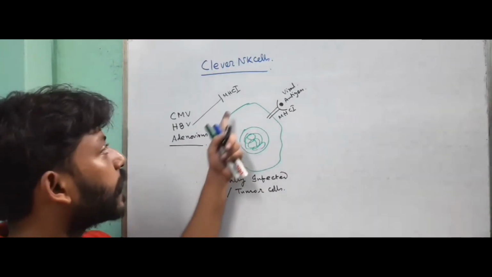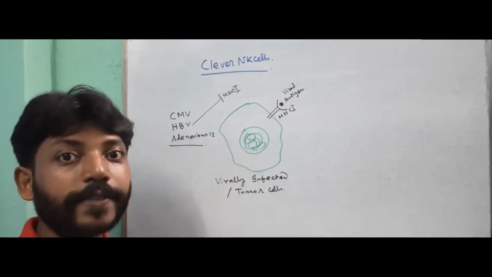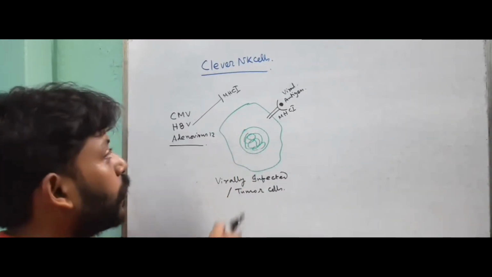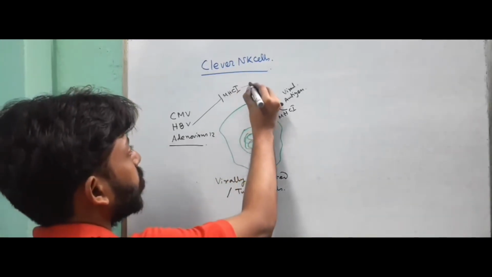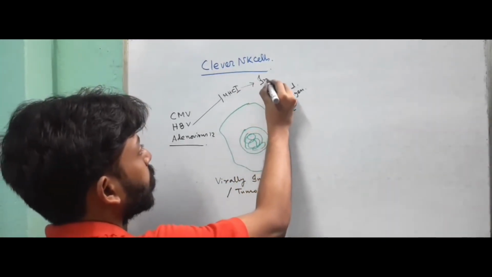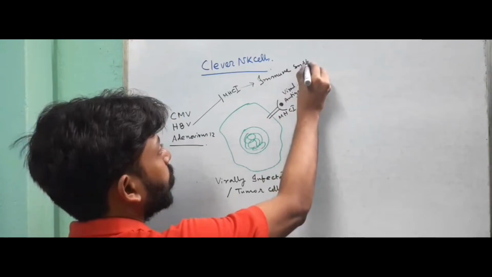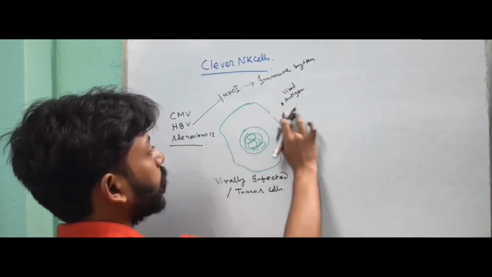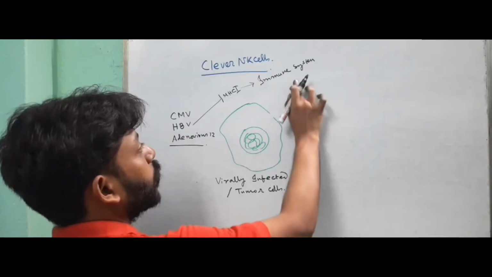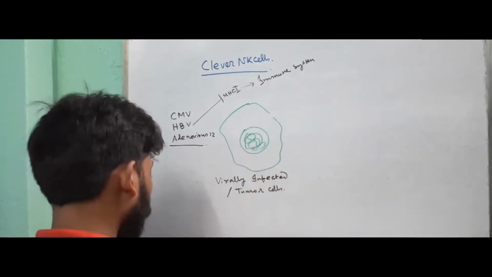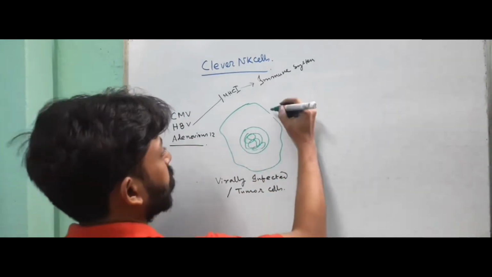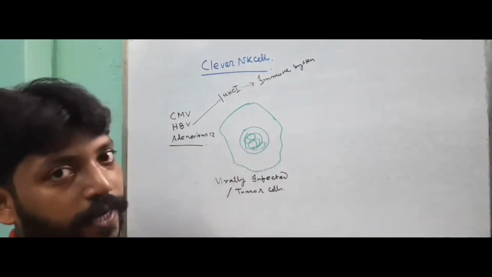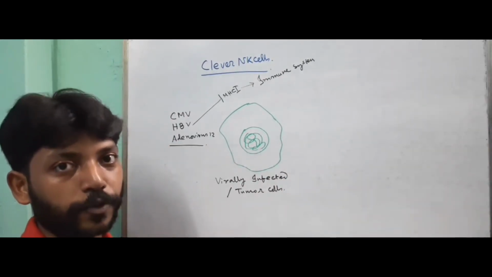So by preventing MHC-I, they try to escape the immune system or immune cells. This is one mechanism by which virus can escape the immune system.